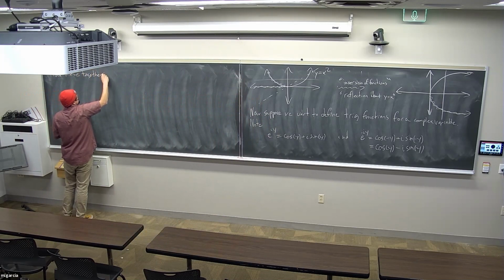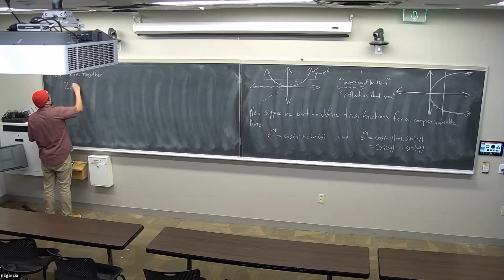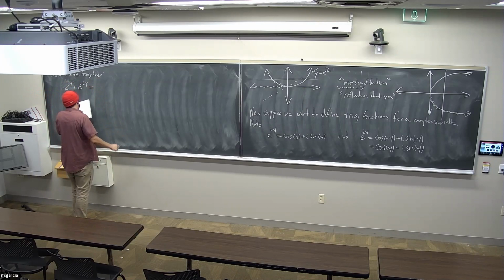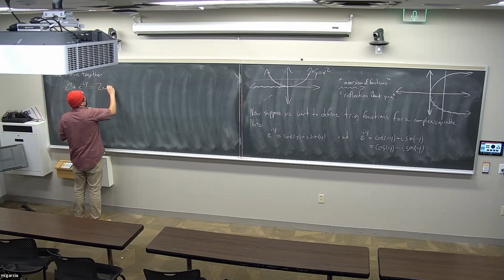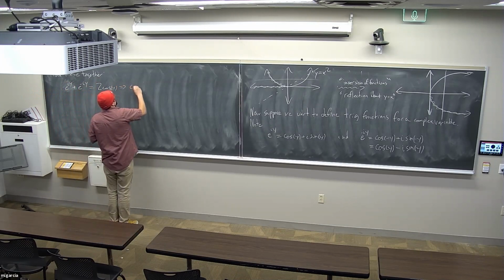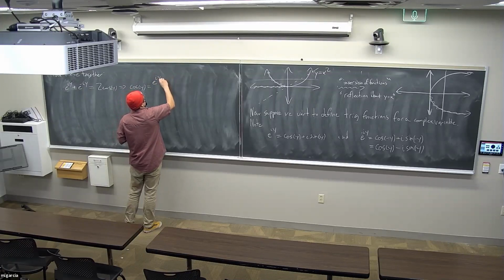Let's add these together. What do we get? We get e to the iy plus e to the negative iy is equal to 2 cosine y, or said another way, cosine y is equal to e to the iy plus e to the negative iy, divided by 2.